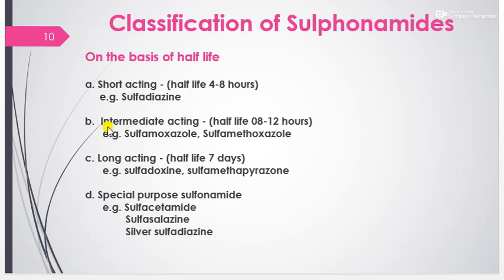Second, the intermediate-acting sulfonamides, which have a half-life of 8 to 12 hours, for example sulfamethoxazole. Next are long-acting sulfonamides, which have a half-life of 7 days, for example sulfadoxine and sulfamethopyrazine. And lastly, special purpose sulfonamides, that is sulfacetamide, sulfasalazine and silver sulfadiazine.